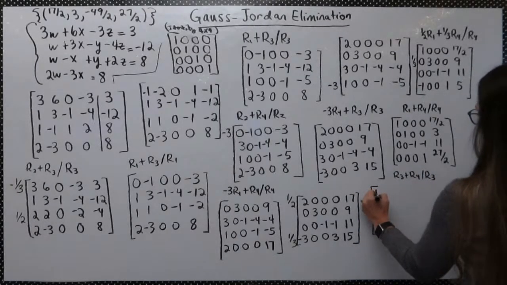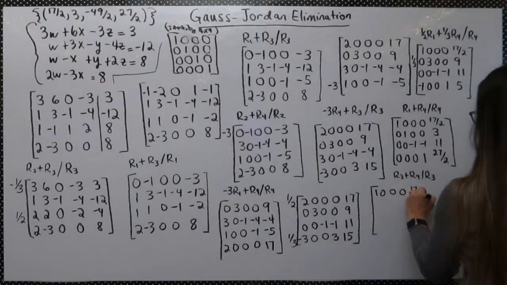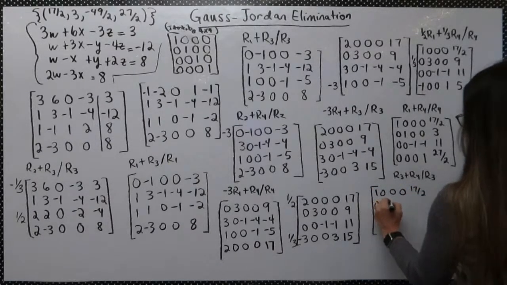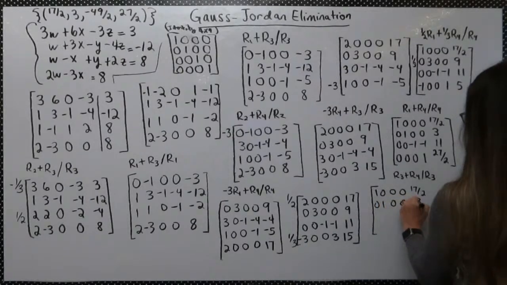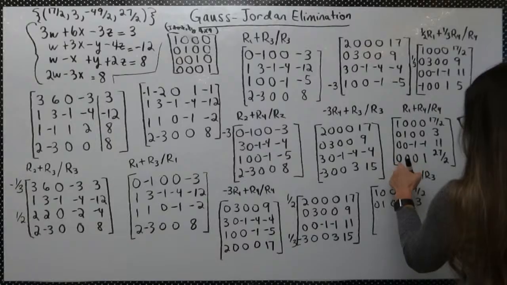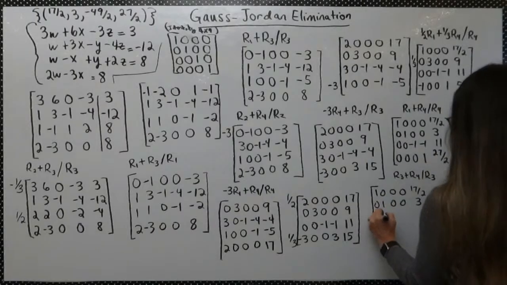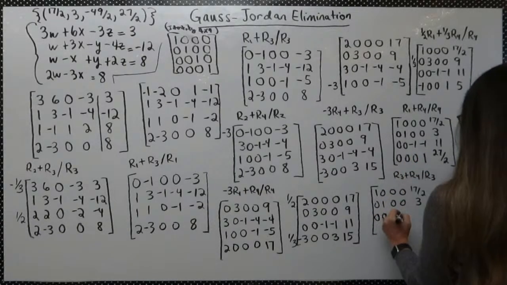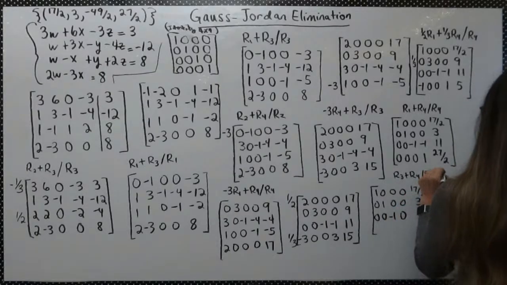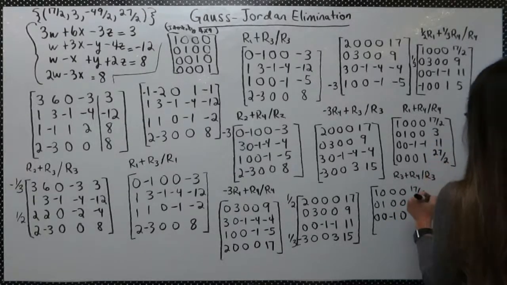And so we've got 1, 0, 0, 0, 17 halves, 0, 1, 0, 0, 3. We're going to add these together and replace row 3. So that's 0, 0, -1, 0. And now I have to figure out what 11 plus 27 halves is.